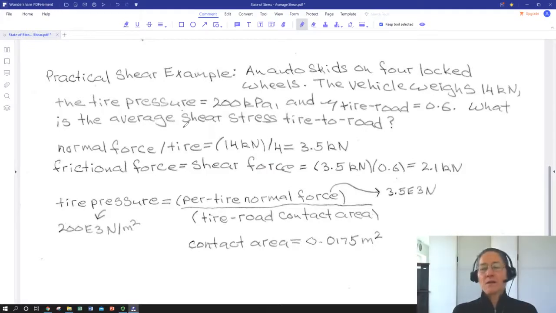We've defined the coefficient of friction tire to road as 0.6, and we say the car is skidding. So if we can define a normal force between the road and the vehicle, that normal force times the coefficient of friction tire to road is going to be the friction force.